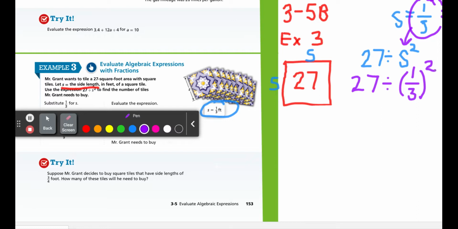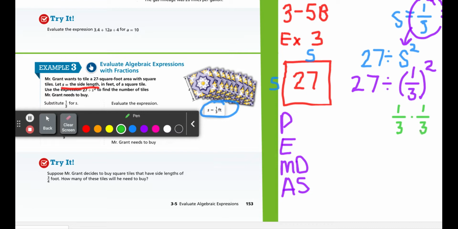Okay, order of operations. Let's follow PEMDAS. First step, parentheses. Okay, the only thing in those parentheses are the fractions. Second step, exponents. Ooh, we have an exponent. So off to the side, we have to do 1/3 squared. Well, what does 1/3 squared mean? 1/3 squared means that we are going to do 1/3 times 1/3.